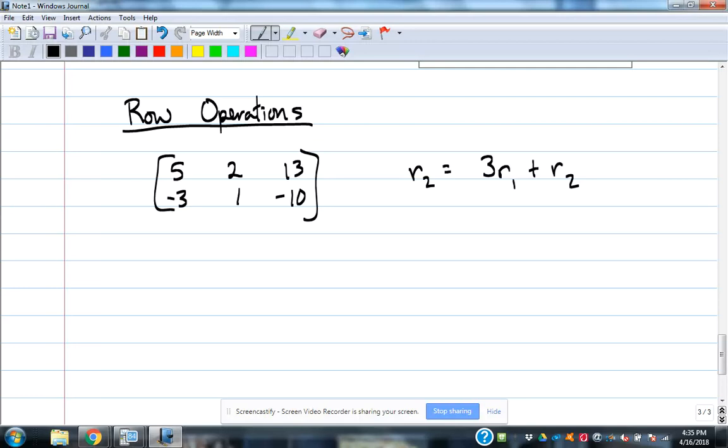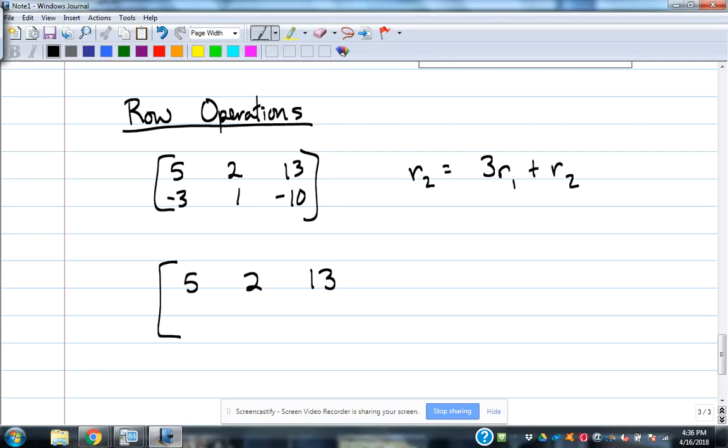So after that row operation, you're going to get another matrix back. Which row changes according to that direction? Row 2. So that means row 1 does what? Stays the same. So copy it down. Row 2 is the only one that's changing.